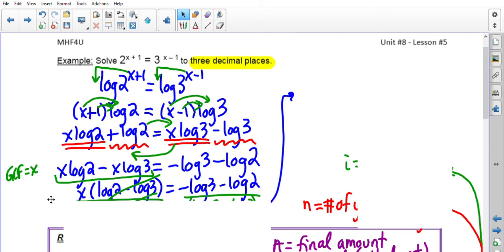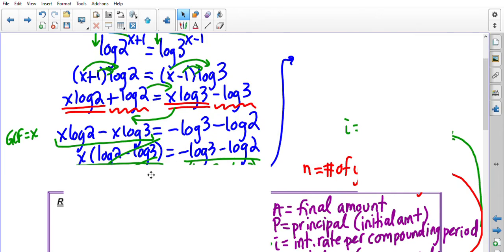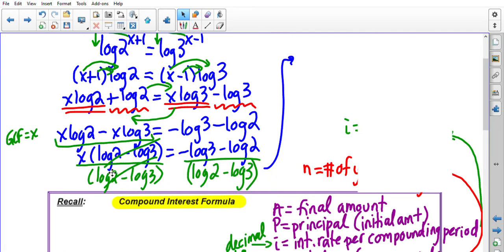So again, our goal when solving is always to get x appearing once on its own. Now, because x is multiplied by this number, log 2 minus log 3, that's basically the coefficient. It looks like an ugly coefficient, but it is one. So you're going to divide that out from both sides to isolate x. So divide out log 2 minus log 3 from both sides.